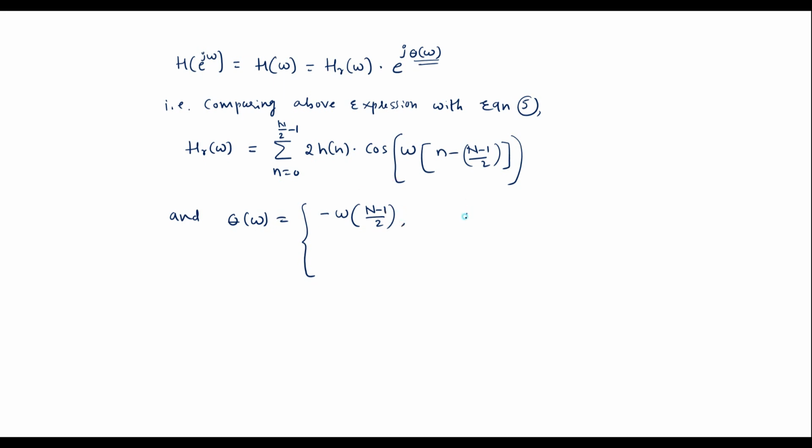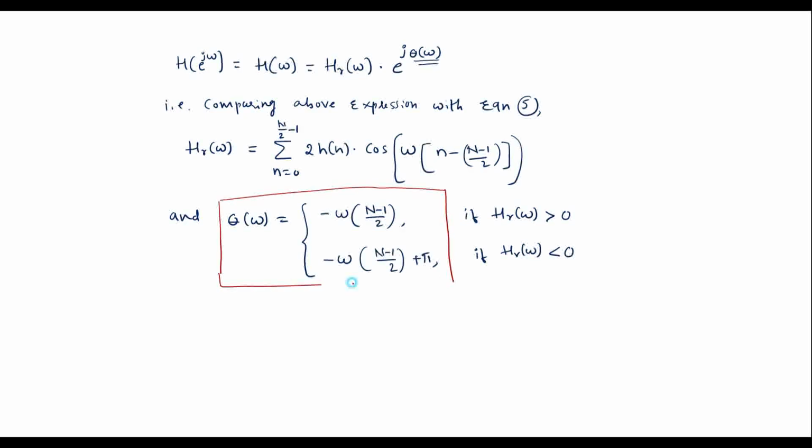So this is true if H R of omega is greater than 0, and its value will be minus omega (N minus 1)/2 plus pi if H R of omega is less than 0. So now here we can see that theta of omega is nothing but a phase which is equal to minus omega (N minus 1)/2.